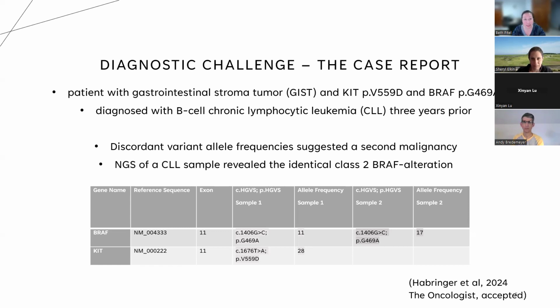So, yeah, I'd say we've seen it quite a bit, but we're also a huge reference laboratory. I don't know, has anybody else had instances like this that they've encountered?